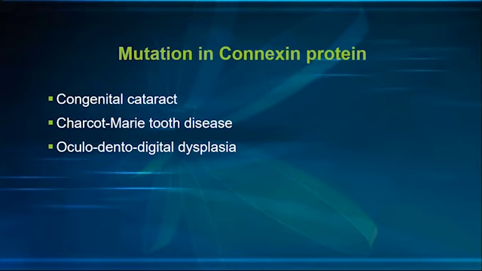Okay, so these are some of the features of the Charcot-Marie-Tooth disease, which is a disease of the peripheral nervous system. Then lastly you have the oculodentodigital dysplasia.